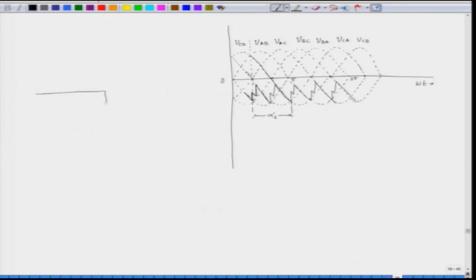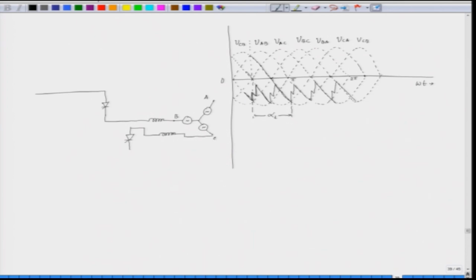T6 was conducting, so phase B was conducting here, and then T5 was earlier conducting, so this was connected to phase C. This is our motor, and we have the motor individual back EMFs here. This is B, this is A, and this is C.